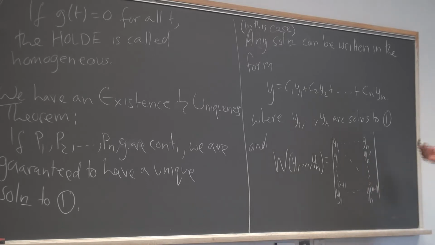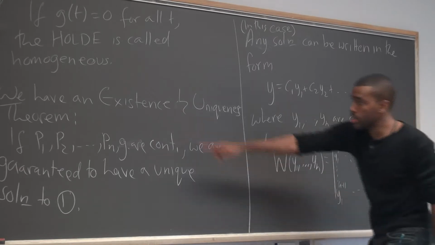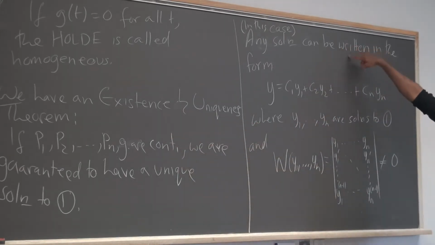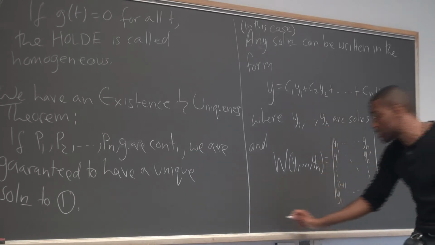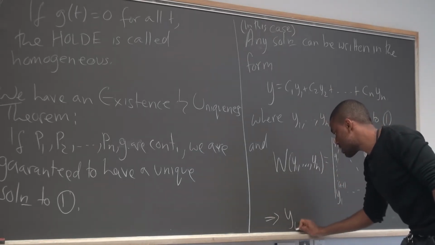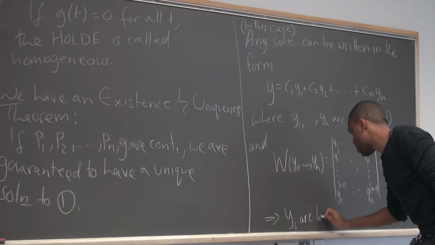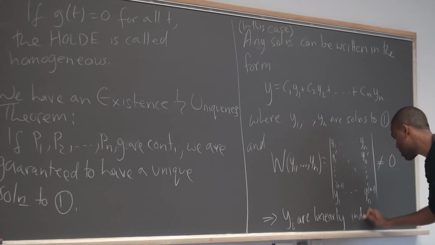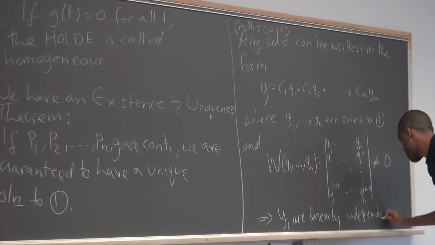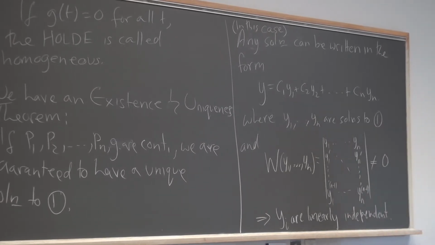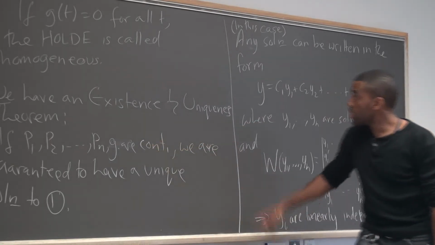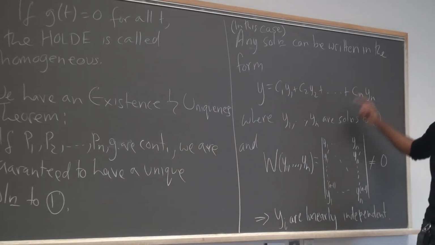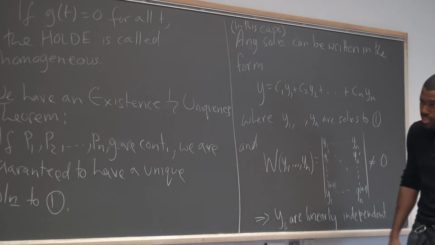The Wronskian is similar, it's just a determinant, and in the case where these are continuous, we are guaranteed to be able to find solutions such that the Wronskian is not equal to 0, which means that the y's are linearly independent. In other words, an nth order differential equation will have n linearly independent solutions once we have continuous coefficients.